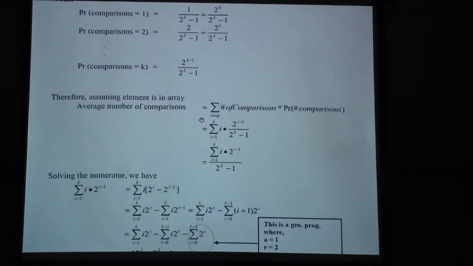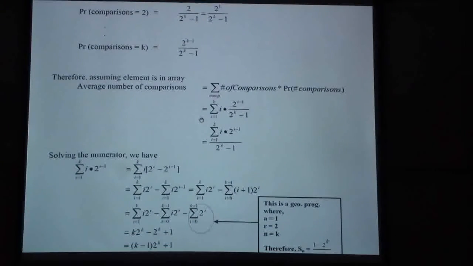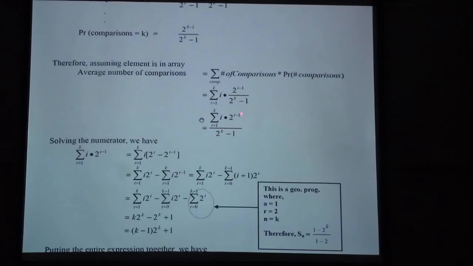So what we have here is we are going to have to solve this problem. This is a closed form. This is easy, but this is an iteration, this is summation. Summation is basically you got to keep doing, keep doing, keep doing. We want a solution to the summation. So solving the numerator, and we'll do this in detail next time, so don't worry about it if you're not getting it, because you will get it when I see you next time.